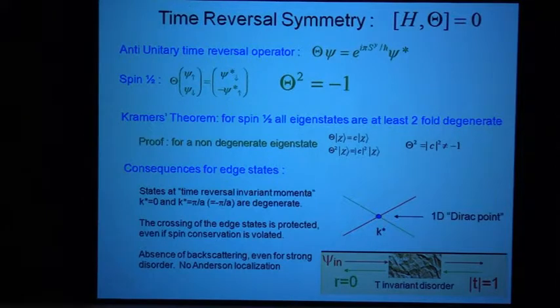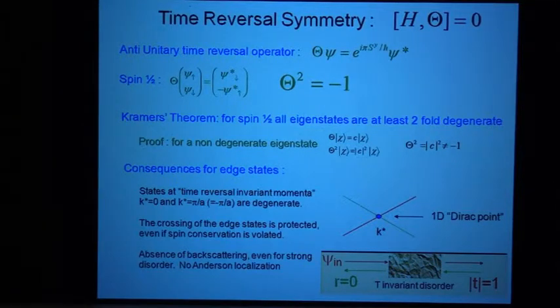If you square the time reversal operator, you end up with a 2 pi rotation about sy. If I write this down, I can write the time reversal operator as complex conjugation and then some rotation of the spin.